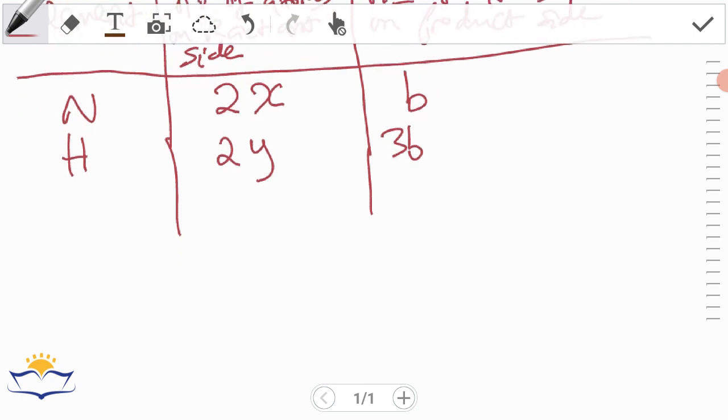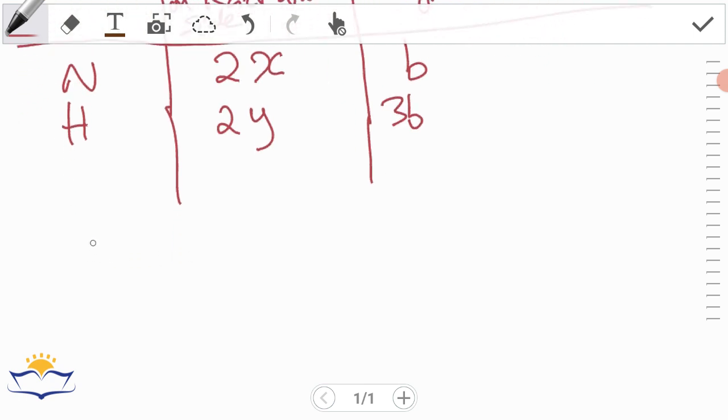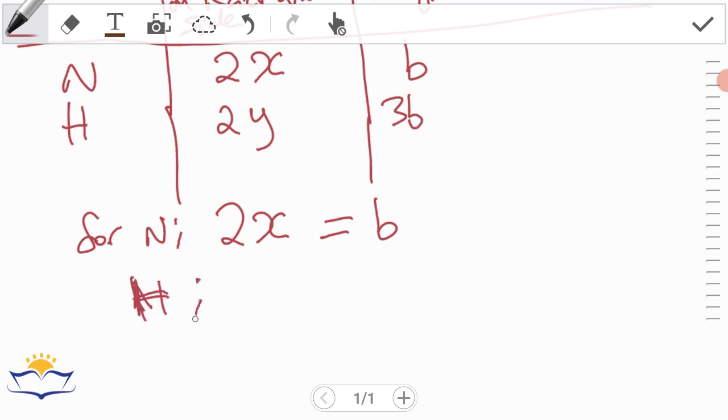Once we do this, we can now equate for nitrogen, the total number of nitrogen atoms on the reactant side, 2X, equals the total number of nitrogen atoms on the product side, B. For hydrogen, the total number of hydrogen atoms on the left-hand side or the reactant side is 2Y.